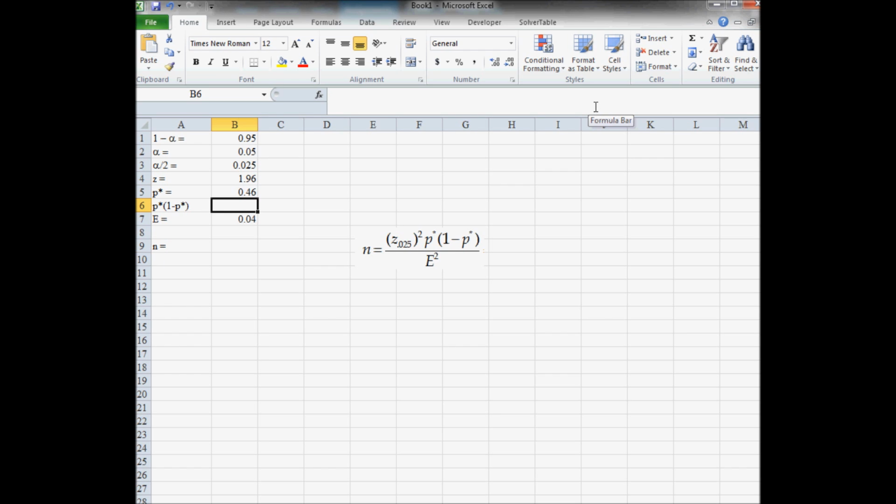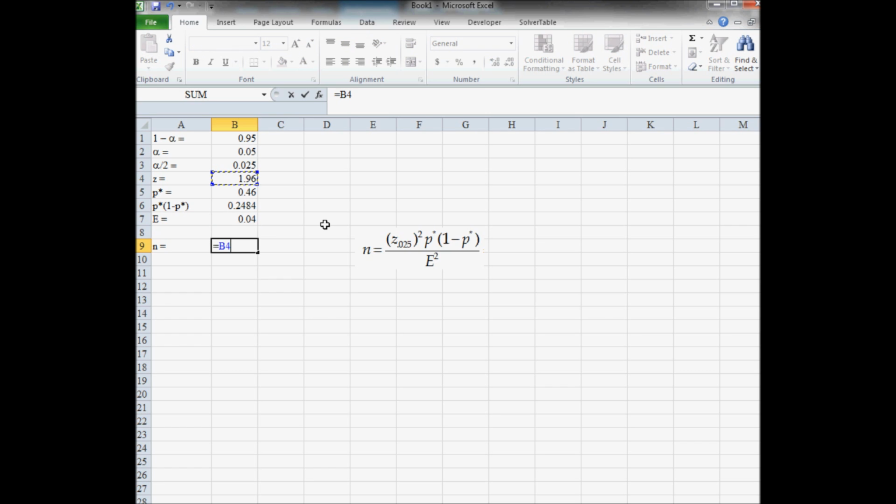Now we have everything we need to compute the minimum sample size. We take p star times 1 minus p star, and you can think of that as sigma squared for a proportions problem. P star times 1 minus p star is 0.2484. Now we compute the minimum sample size.